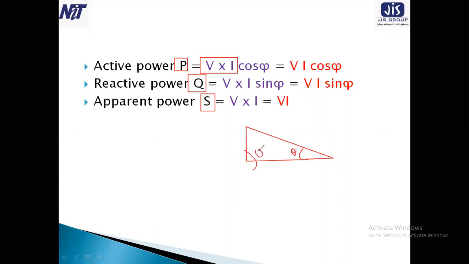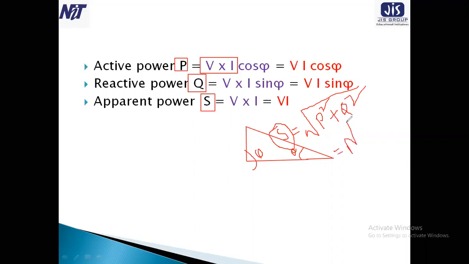This will be S, the apparent power, and one side will be the active power, and one will be the reactive power. As per Pythagoras, the apparent power should equal the root over active power square plus reactive power square.